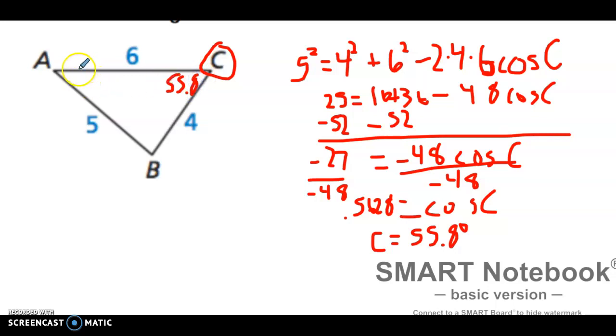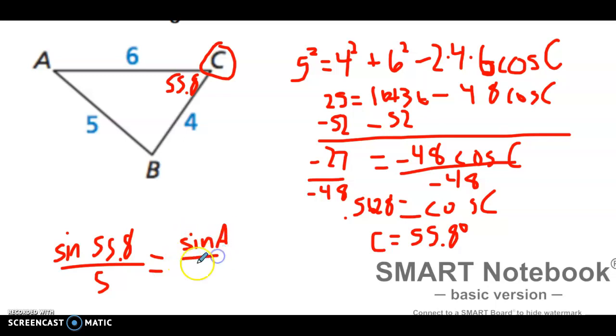Now I need to find A or B. You could continue on with the cosine function, but I like the sine function if I can use it. It's just a little easier. So I'm going to use the sine function now to solve the rest of the triangle. I'm going to say the sine of 55.8 over 5, and let's find A. So sine of A over 4, because the opposite side of A is 4.